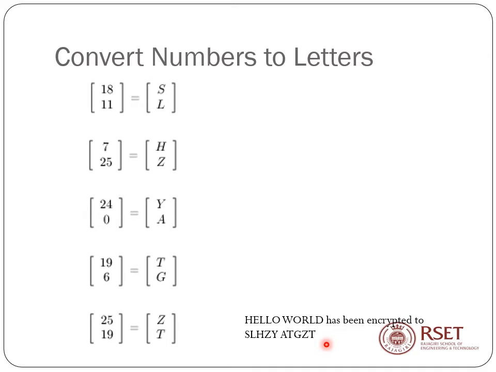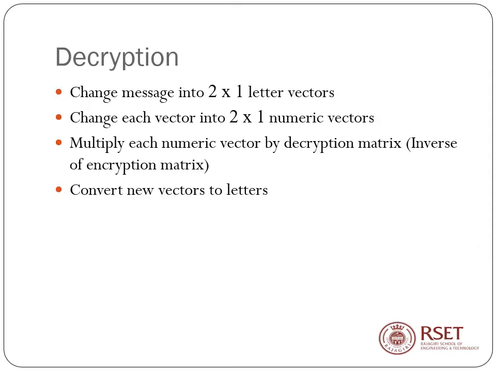Now, next comes the decryption process. That is, given this SL, HZ, YA, etc., how will I get back hello world? The next one, decryption. You have to change the message again into 2 by 1 letter vectors. Change each vector to a 2 by 1 numeric vector.